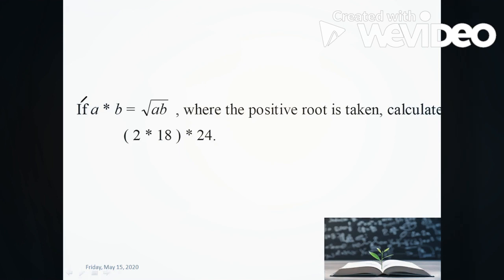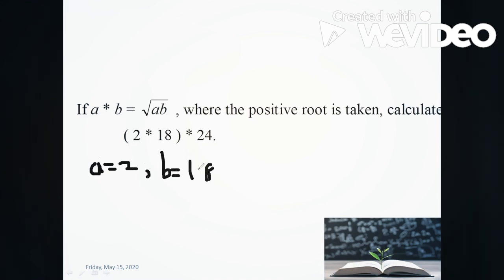All right. So what we're going to do, we're going to work out this part first. 2 star 18. Now 2 star 18 is actually 2 operation 18, and that operation is actually root AB. And it turns out that A is actually 2 and B is 18.